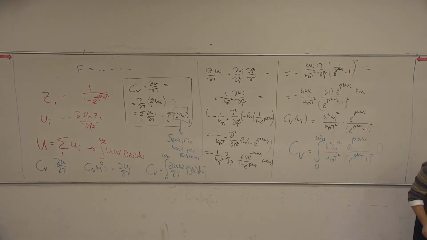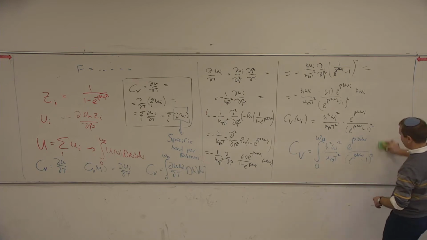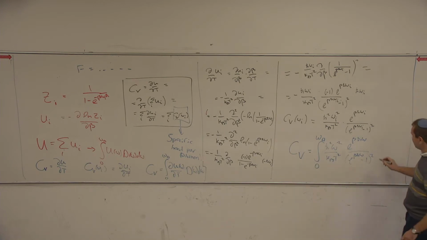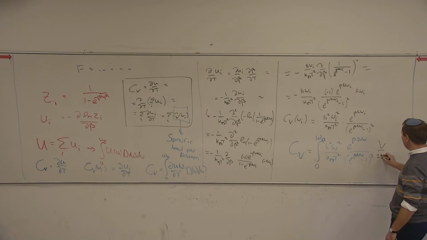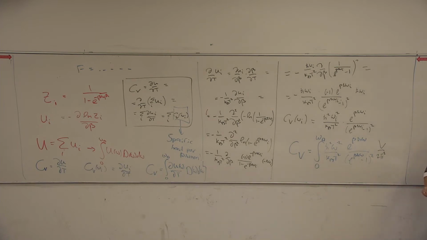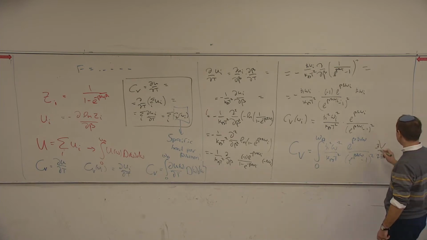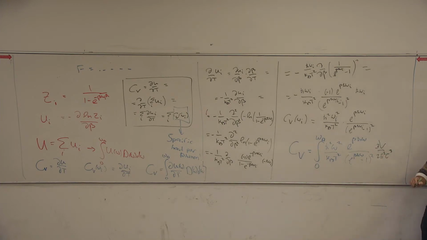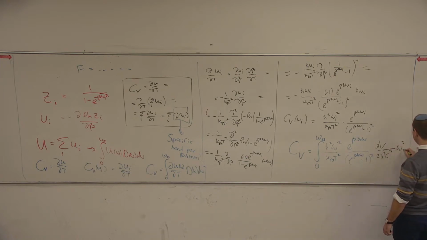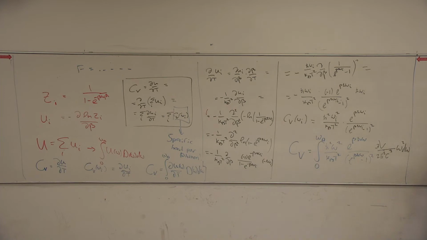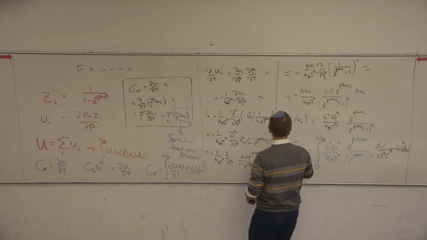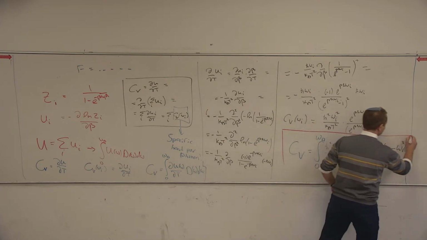What we have with d omega is V divided by 2 pi squared multiplied by 3 over c cubed and 1 over omega squared d omega. Okay. So this is the integral that we must solve.